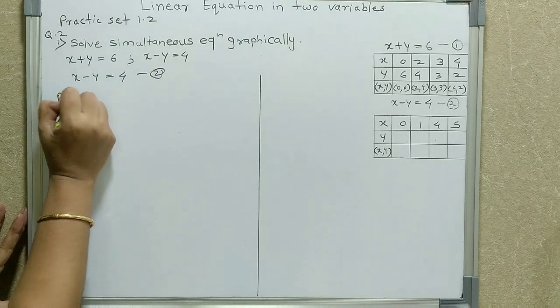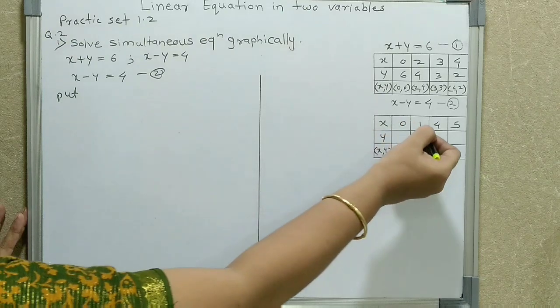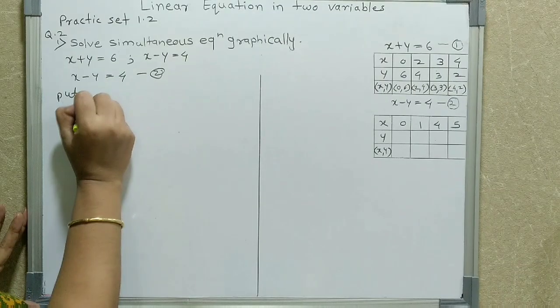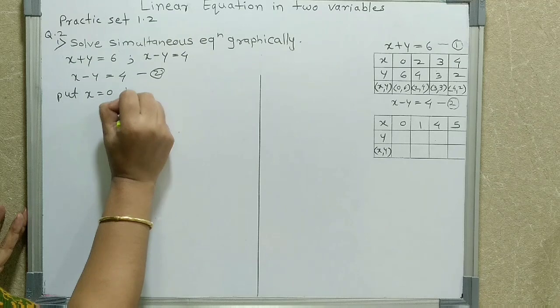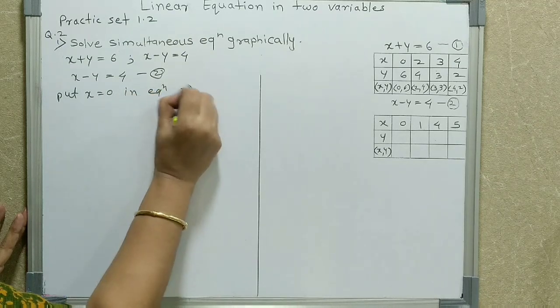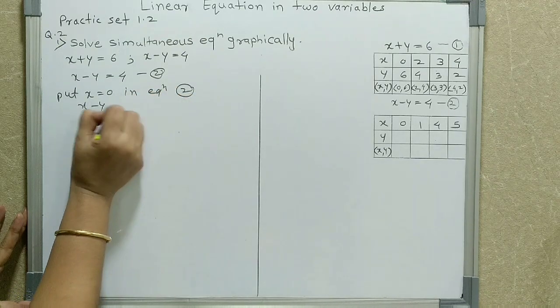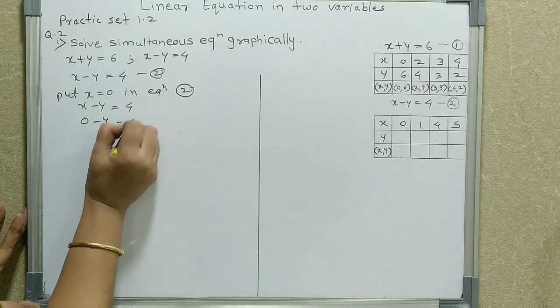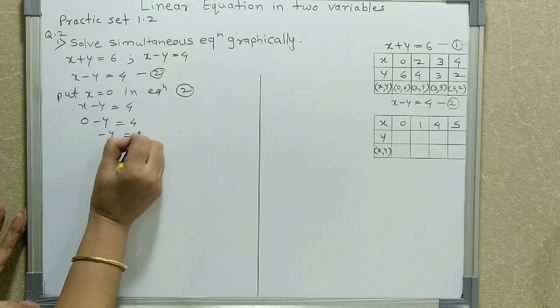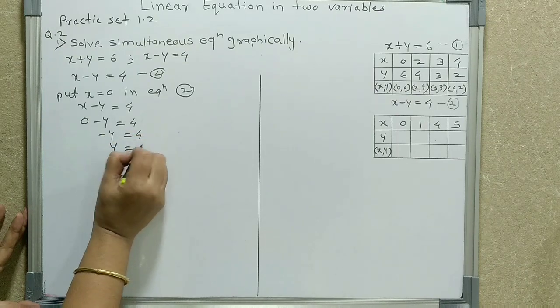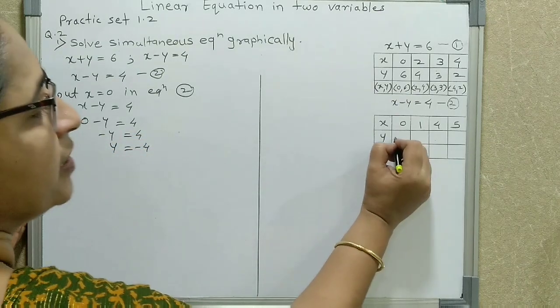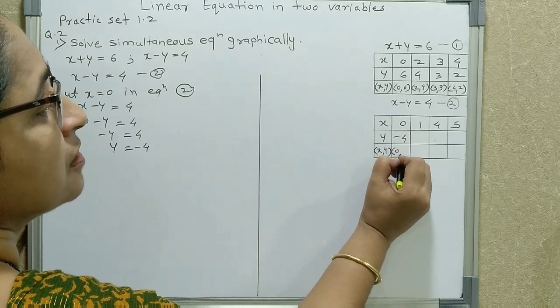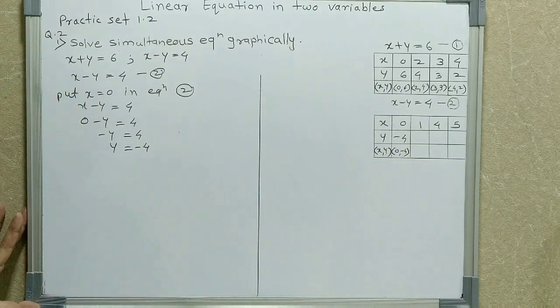So put any value. We take here 0, 1, 4, 5. Put x equal to 0 in the second equation. x minus y equal to 4, so 0 minus y equal to 4. So minus y equal to 4. Change the sign: y is equal to minus 4. We write here minus 4. This is the first ordered pair of the second equation.